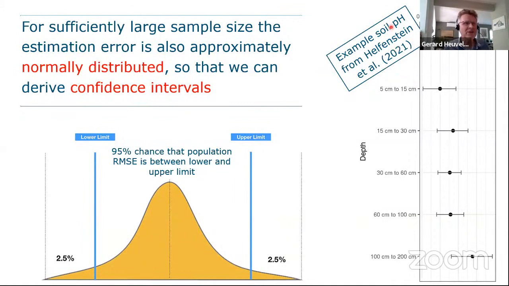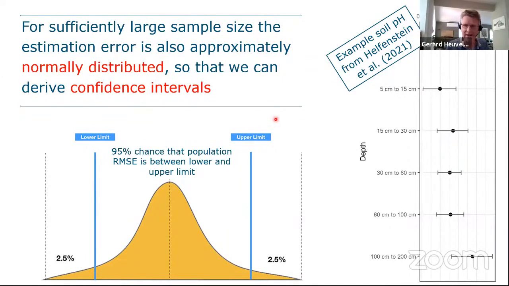This is the pH of the soil predicted in the Netherlands, and we used a probability sample to estimate the root mean square error of our maps for various depths. So the black disk is the estimated root mean square error, and then those gray bars over here, they show the 95% confidence interval. So we can be 95% confident that the true population RMSE is within these limits.